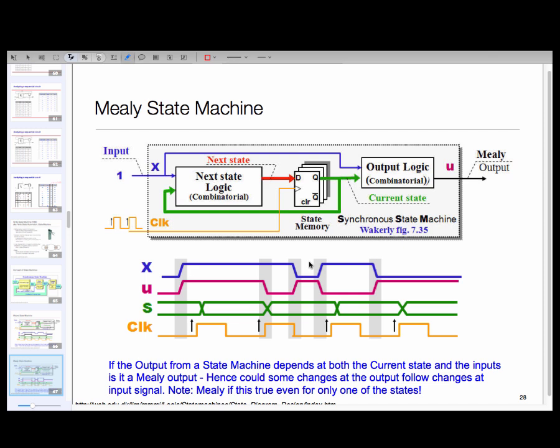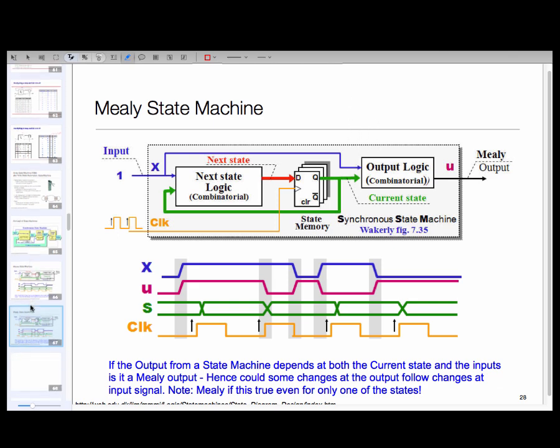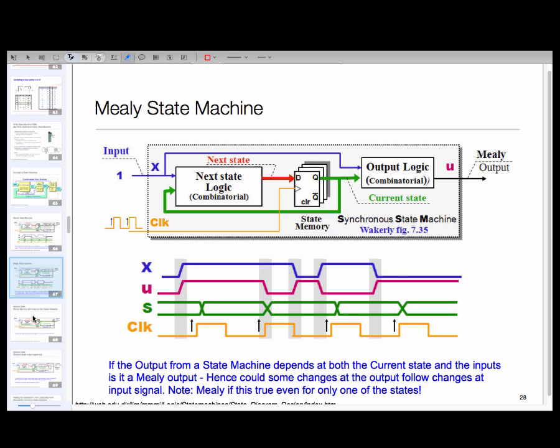In fact, one of the things that they often say is that good design practice means that the output of any module should always change only on a clock edge. That means it should come from a register, or a register followed by only a tiny bit of combinational logic. So Mealy machines are generally frowned upon for that reason. They can lead to problems, but nevertheless, they're pretty powerful.